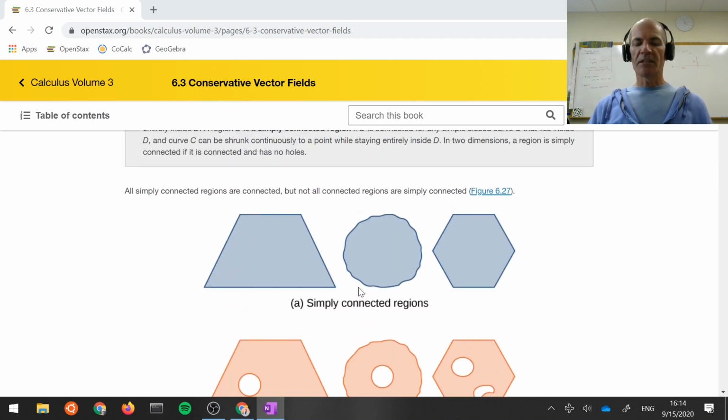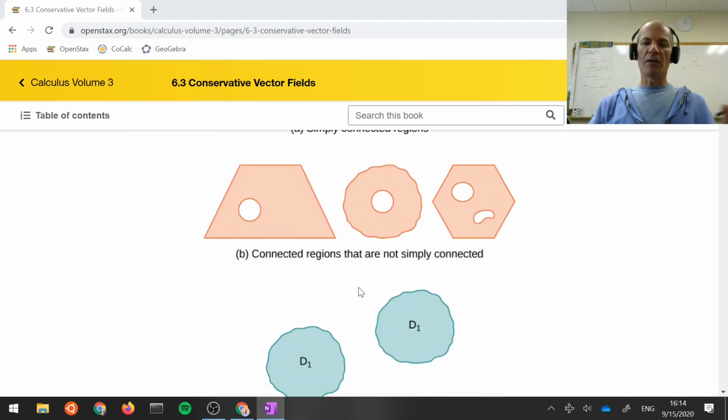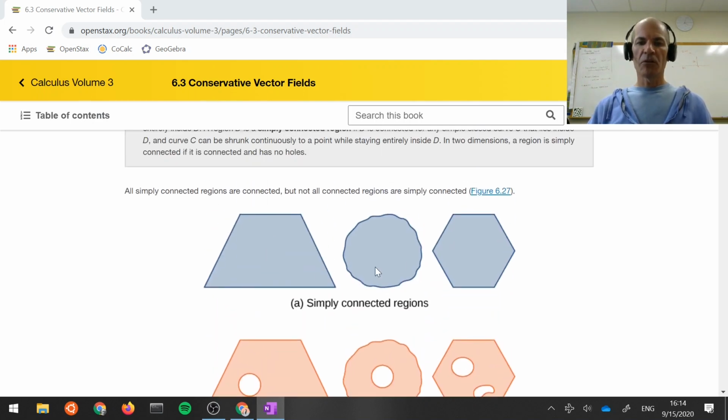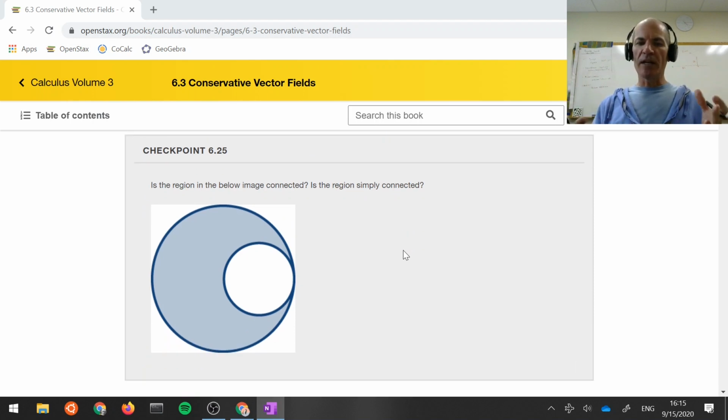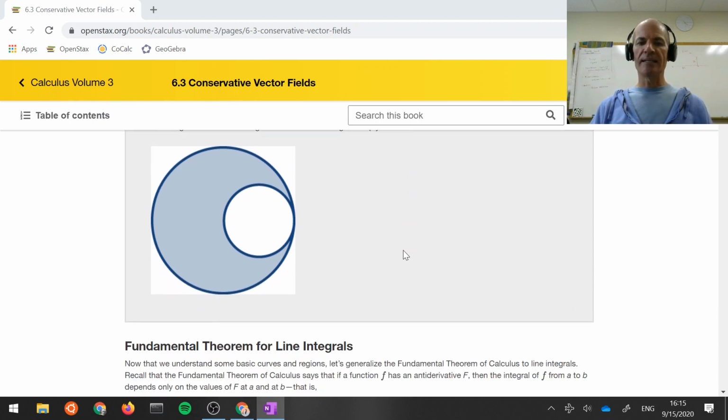So simply connected regions kind of dispel all of these pathological possibilities. And if you're working on a simply connected region, which, let's face it, 99% of the time is all we really care about, you get some really nice properties when it comes to line integrals. And we'll see that not only in this section, but in the next section. Okay, so that's simply connected. And again, you see how we're defining these really interesting geometric ideas.